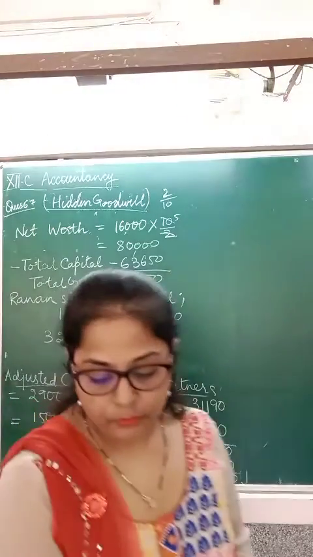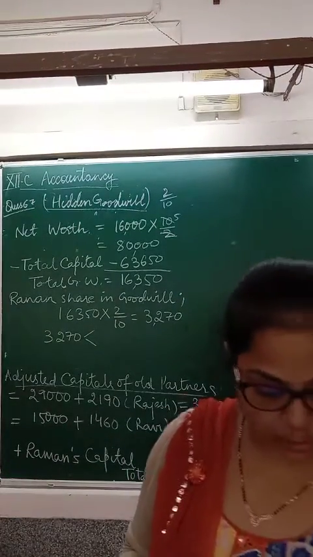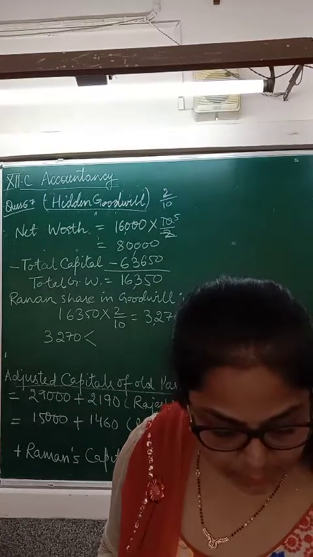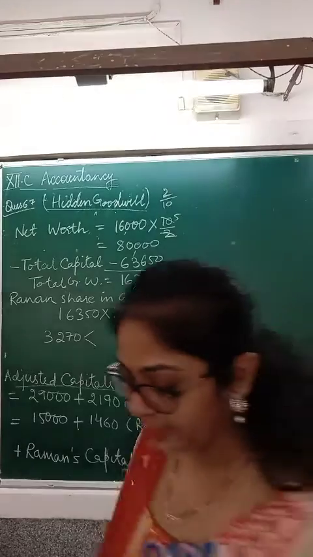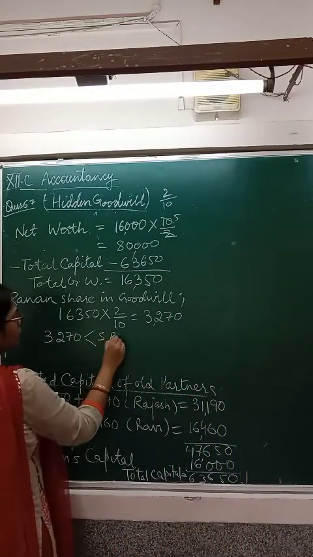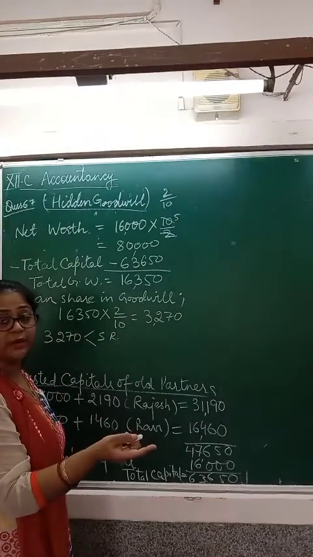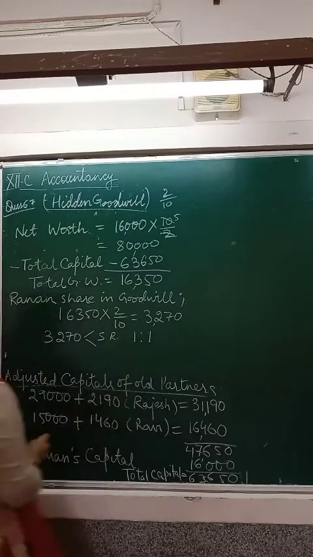So you see, the old ratio of these people was 3:2, and now their new ratio is 5:3:2. So if it is to be divided in the sacrificing ratio, and you work it out, old ratio of Rajesh and Ravi minus new ratio of Rajesh and Ravi, it will turn out to be 1:1.